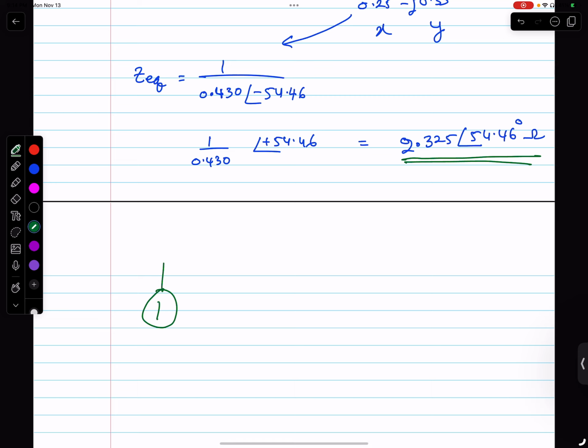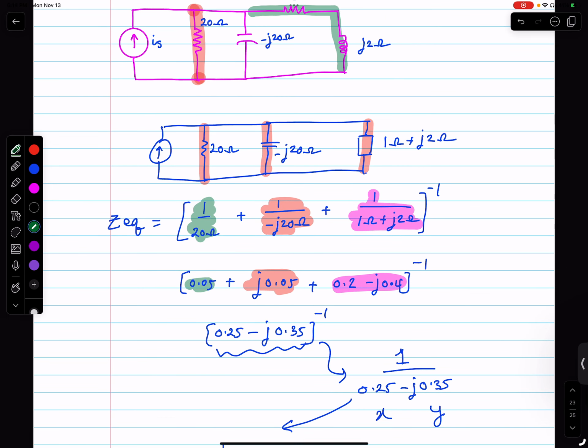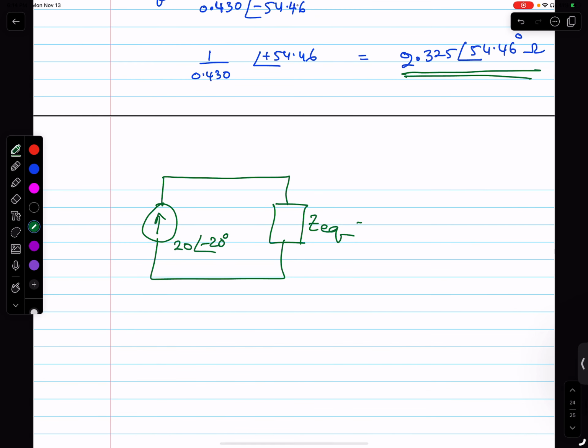If I am to have this 220 angle negative 20 degrees and one equivalent resistance, Z equivalent, that replaces all of these three impedances, then the Z equivalent value is 2.325 angle 54.46.